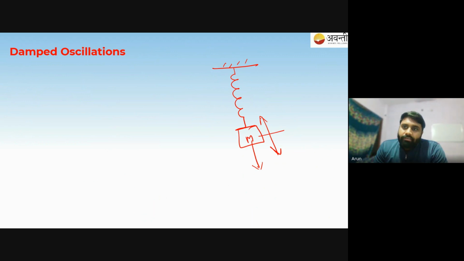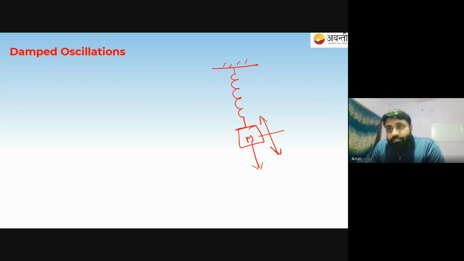Because of the air resistance, the friction offered by the air, these oscillations will die. The energy that we get in this oscillation is expended to overcome this friction, and slowly these oscillations will die.